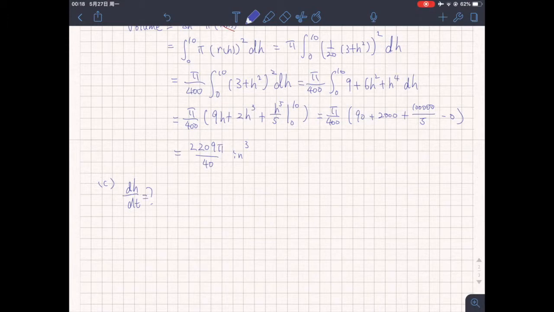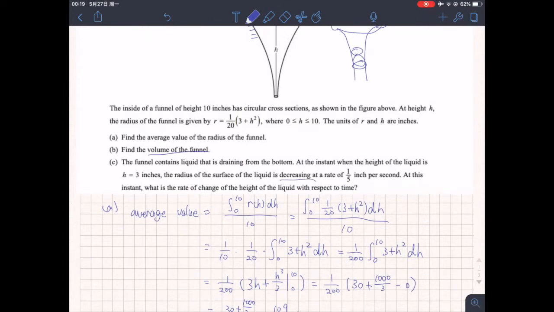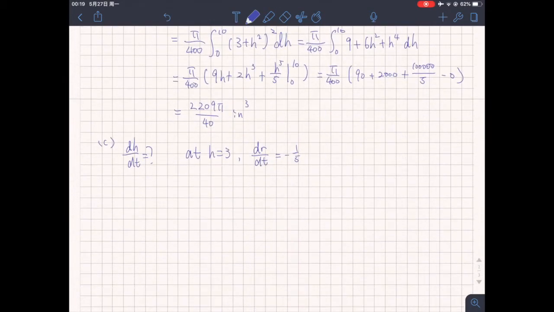The question is asking what is dh over dt, which is the rate of change of the height at h equals 3, while the rate of change of the radius, dr over dt, is negative 1/5, because the question says the liquid is decreasing. So we just write dr over dt as a negative number.